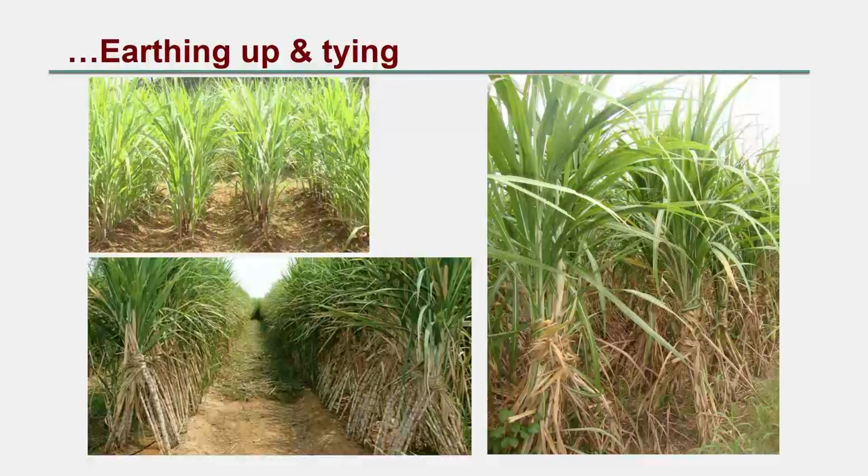It is done in both tropical as well as subtropical parts. I will just show you a picture of how tying can be done. So, this is sugarcane and you see one clump can be tied with another clump using the leaves from the same clump. This is called tying.